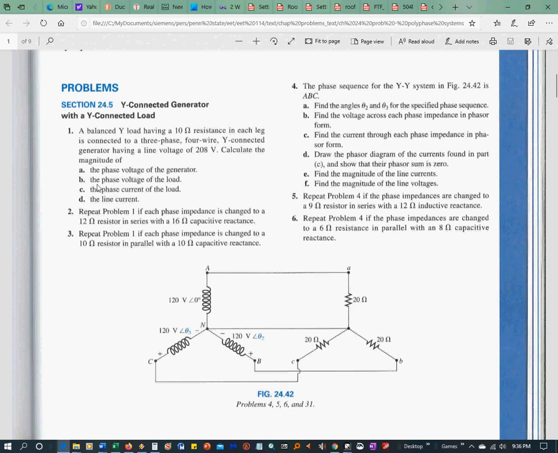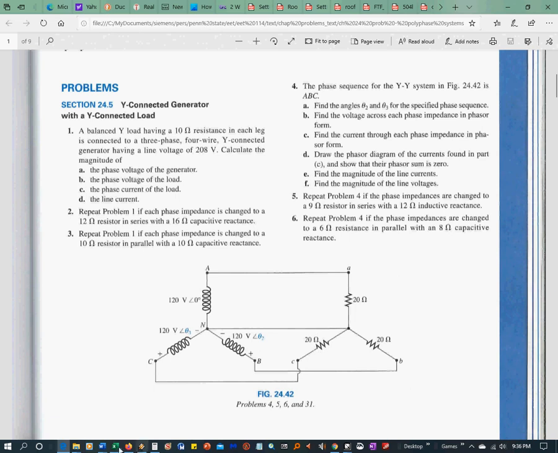It says calculate the magnitude of the phase voltage of the generator. We're looking at this. So what we would have is a 10 ohm resistor in parallel with a 10 ohm reactance of a capacitor, instead of these 20 ohm resistors.